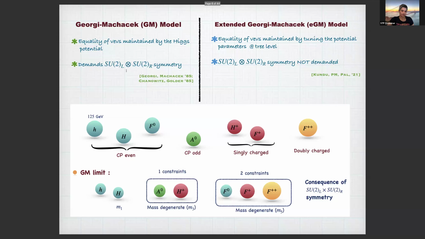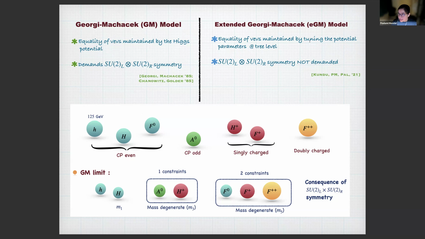So the difference between the Georgi-Machacek model and our extended Georgi-Machacek model is this. In the GM model, the equality of vevs is maintained by the Higgs potential, automatically by its construction. But in the extended Georgi-Machacek model, the equality of vevs is maintained by tuning the potential parameters at tree level.